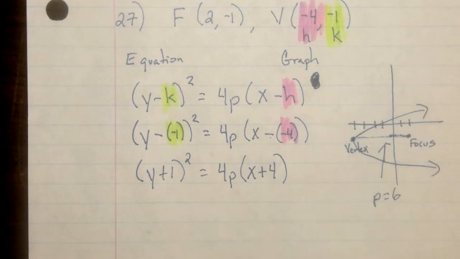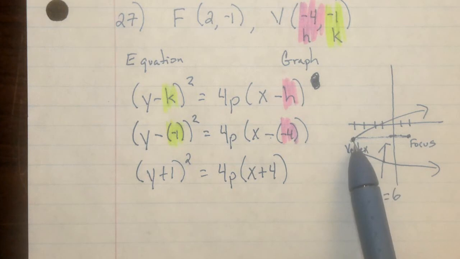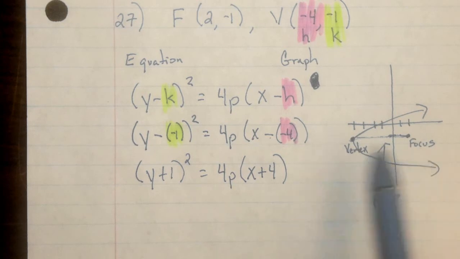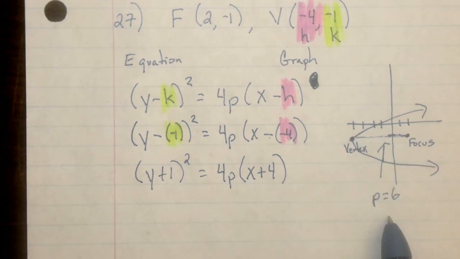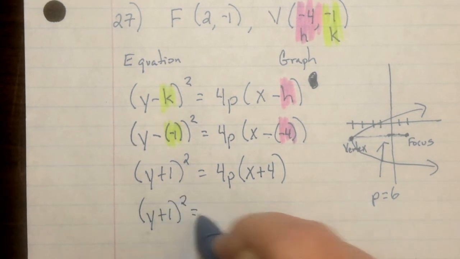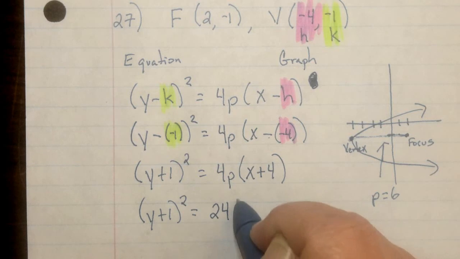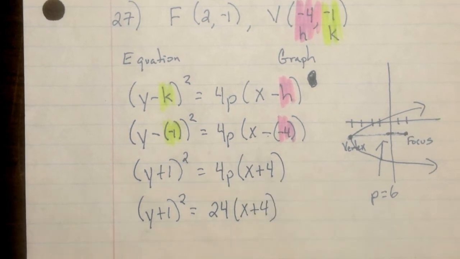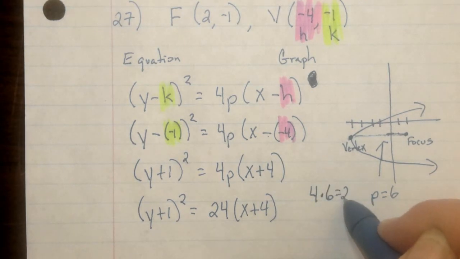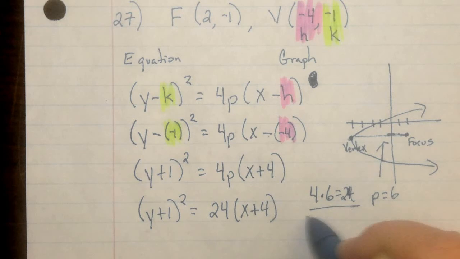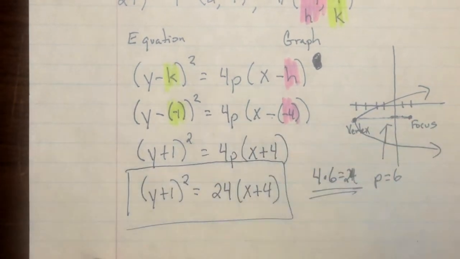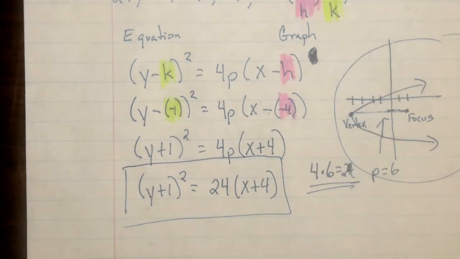P equals 6, a positive 6, because we're opening to the right. So my final equation is y plus 1 squared equals 24 times x plus 4. The 24 comes from 4 times 6. There's my equation, and there's my sketch.